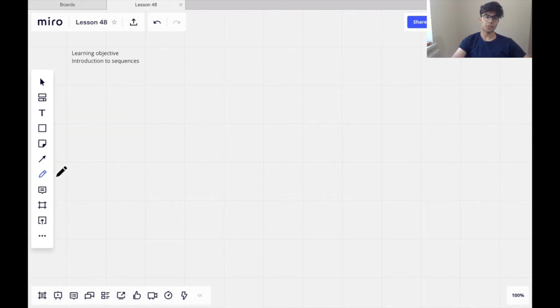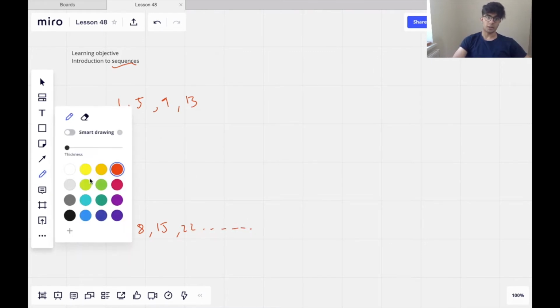So first thing, what are sequences? Sequences are just an ordered list of numbers, and they can be finite, something like 1, 5, 9, 13, for example. So there's only 4 terms here, or they can continue on to infinity. So if we had something like 1, 8, 15, 22, and just continuing forever and ever.